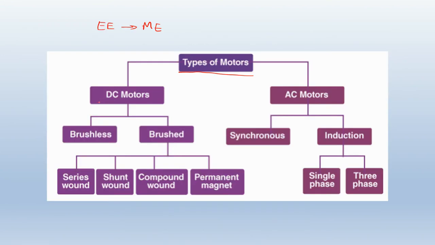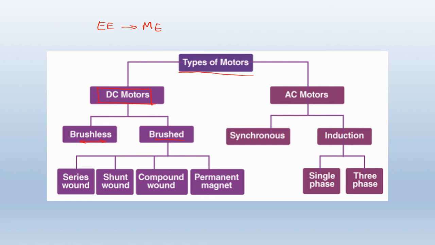So according to the supply given to the motor, the motor which operates on DC supply is called DC motor. Then DC motors are classified into two types. Number one is brushless, and number two is brushed DC motors. In brushless DC motor, there is no use of brushes, and in brushed DC motor there is brush commutator arrangement.